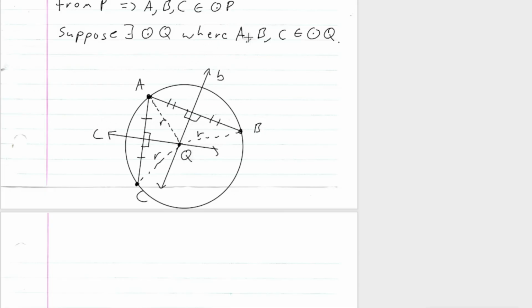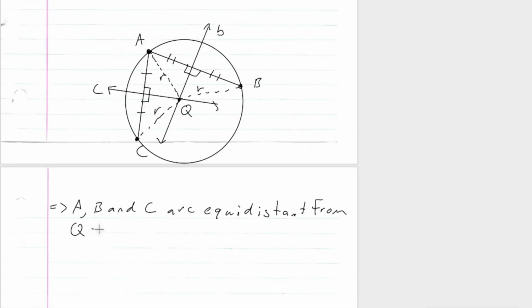So if A, B, and C lie on circle Q, this implies that A, B, and C are equidistant from this point Q, right? So of course, this implies that AQ is congruent to BQ, which is congruent to CQ, right?